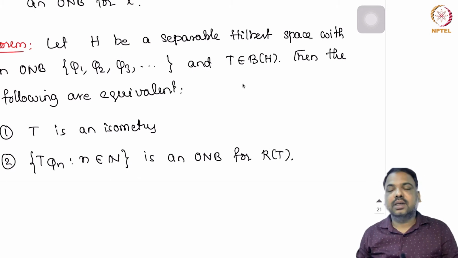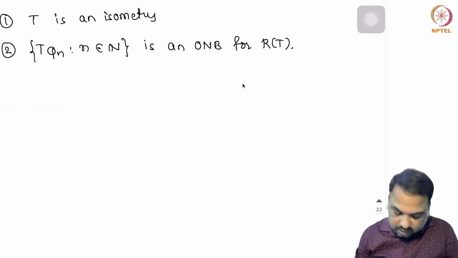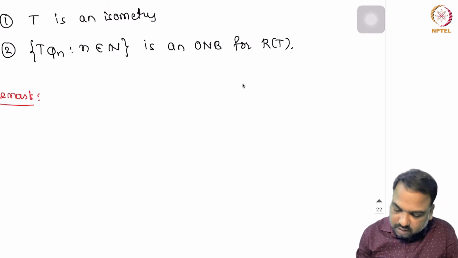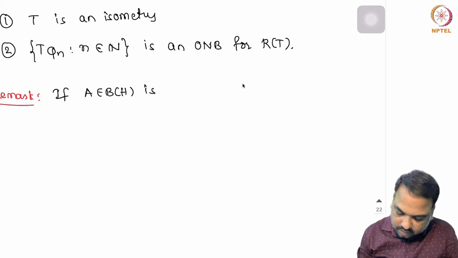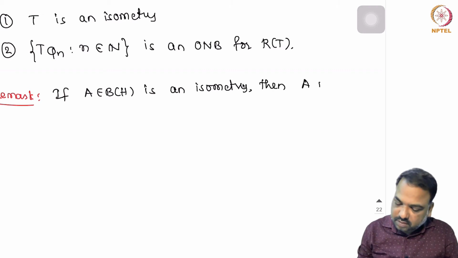So here we can say that the range of the operator is closed, because whenever it is an isometry, let me write a remark. If A is an isometry, then A is bounded below.